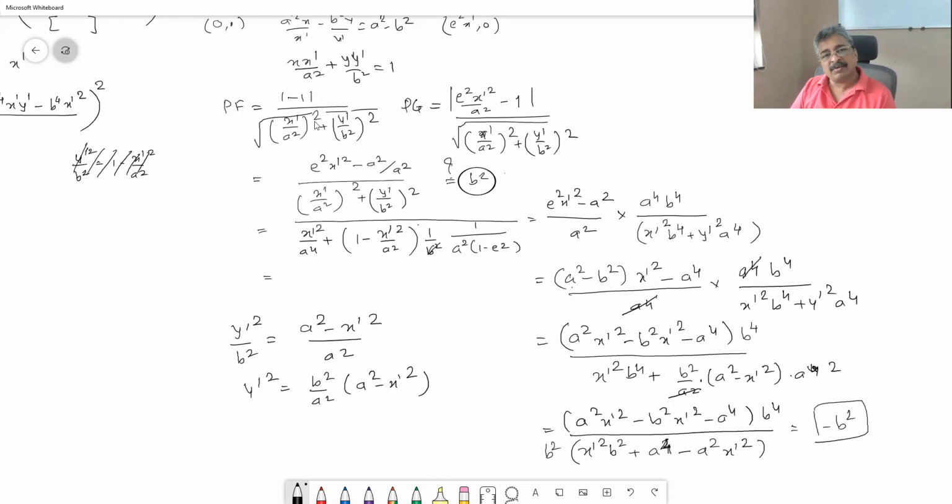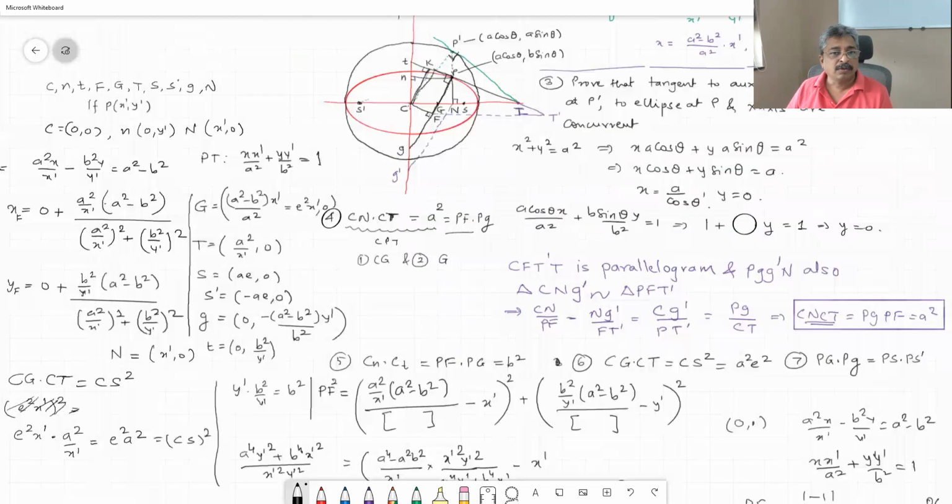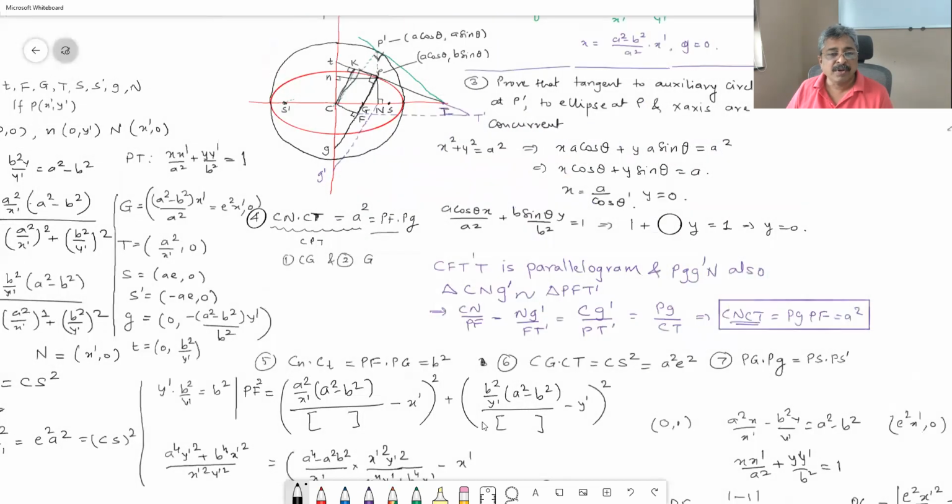And I think what we need to do here is how do we take care of that minus sign? It is because of that absolute value thing which is happening there. PF, PG, both we have taken positive. Let us go and see what is there. PF and PG, both we have taken positive. Therefore, we are getting minus b square.